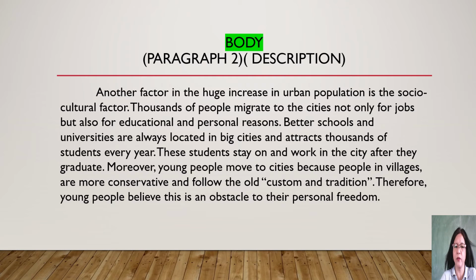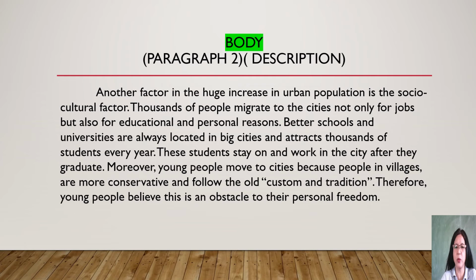Better schools and universities are always located in big cities and attract thousands of students every year. These students stay on and work in the city after they graduate. Moreover, young people move to cities because people in villages are more conservative and follow the old custom and tradition. Therefore, young people believe this is an obstacle to their personal freedom.